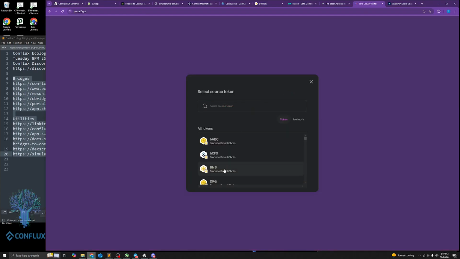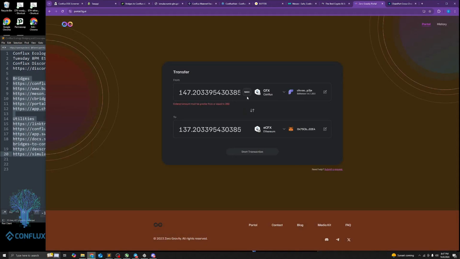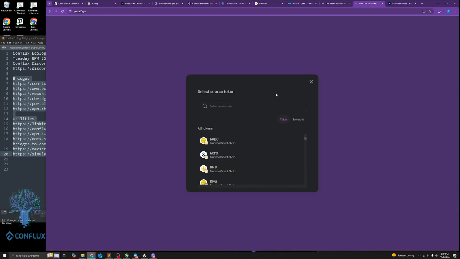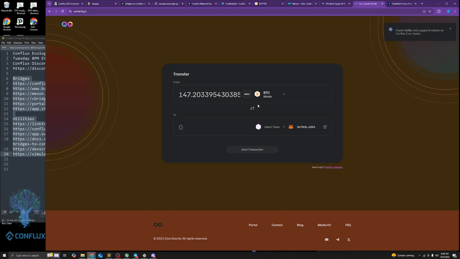So you can go BTC. Like you can go from Bitcoin to Conflux Core with cBTC, but I would be careful because I'm not sure if cBTC cross chains to eSpace as WBTC.